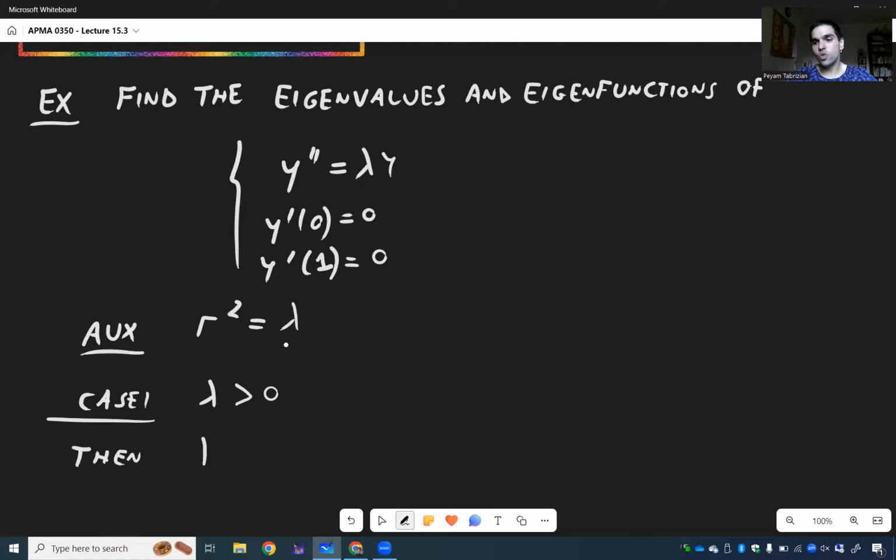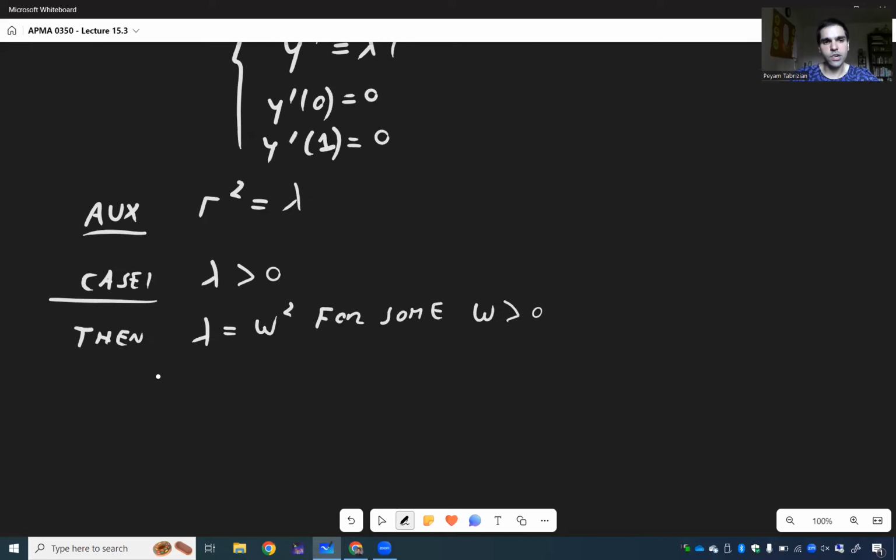Then lambda is the square of a positive number, omega squared for some positive omega. And then our auxiliary equation becomes r squared equals lambda equals omega squared, which then gives you r is plus minus omega.